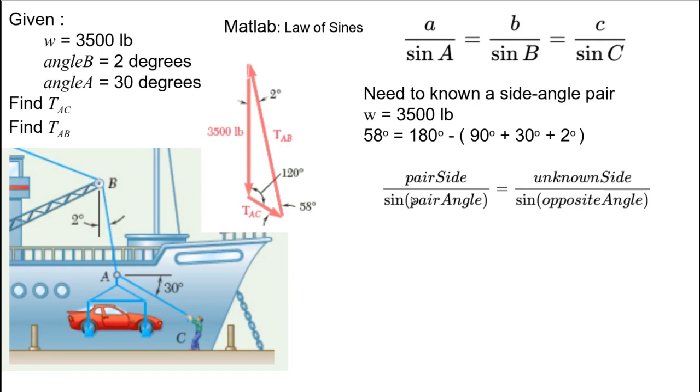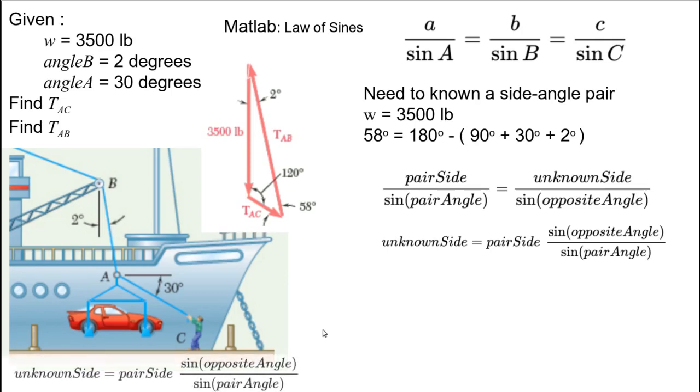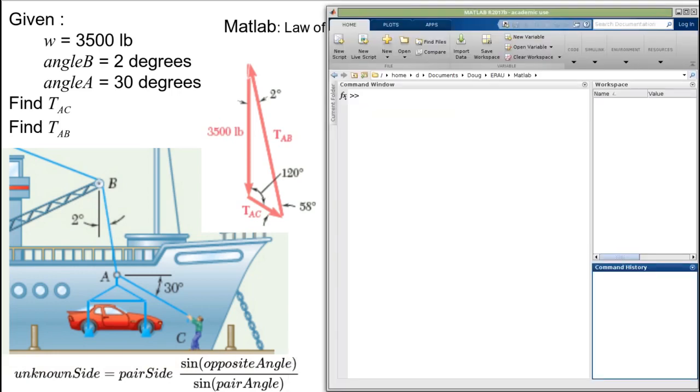We can rearrange this by multiplying both sides by the sine of the opposite angle, and we get our unknown side equals our pair side times sine of the opposite angle divided by sine of the pair angle. So we'll stick this final information over here, and it's time to bring up Matlab.